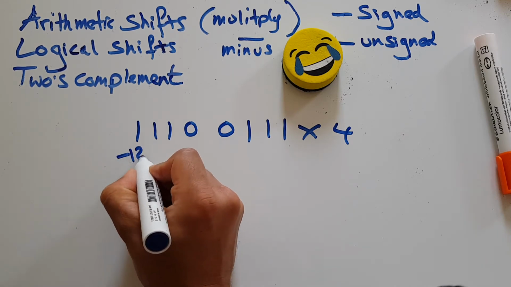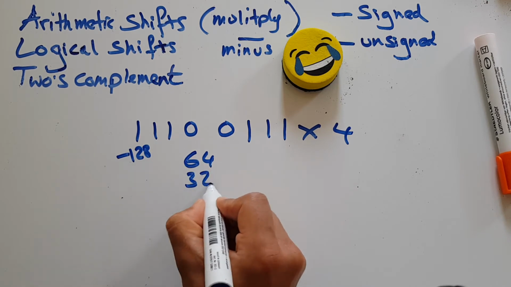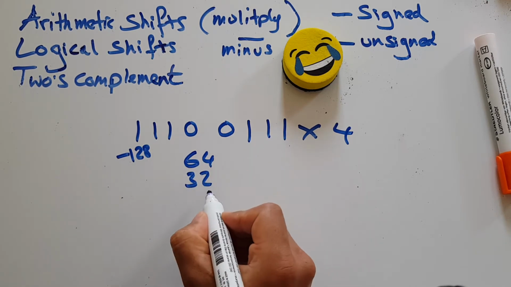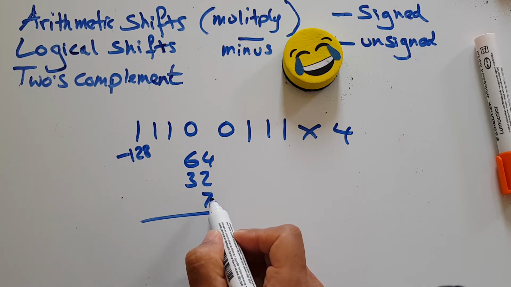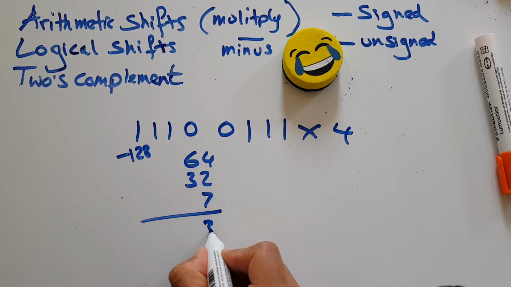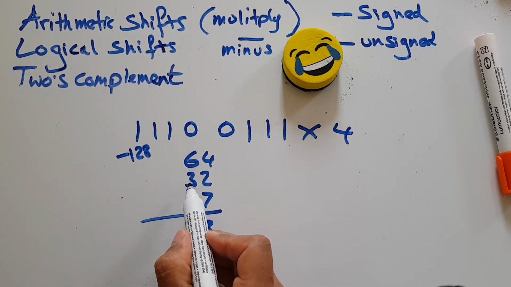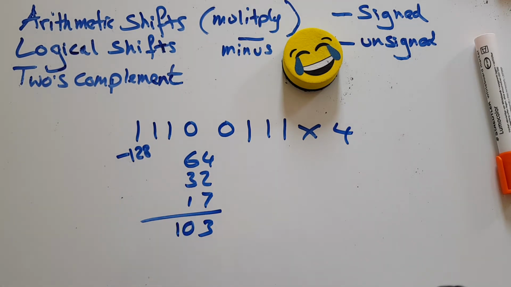So I got a minus 128 there. That is a 64. That is a 32. And those added together are actually 7. Let's see. So 7 plus 4 is 11, plus 2 is 13. 6 plus 3 is 9, plus another one is 10. So I get 103.